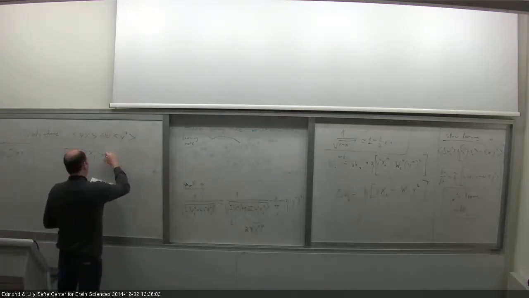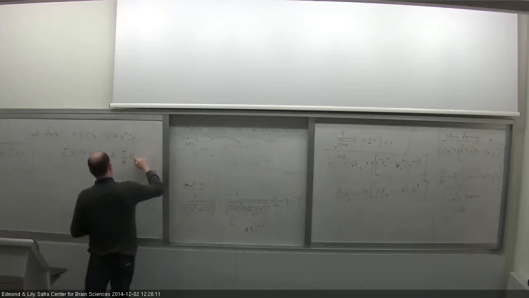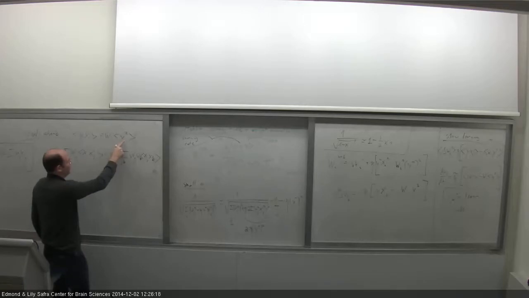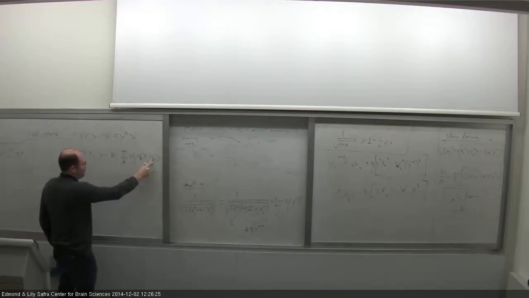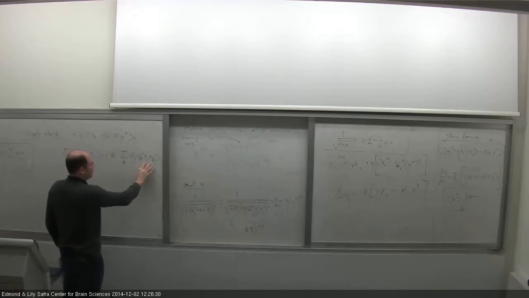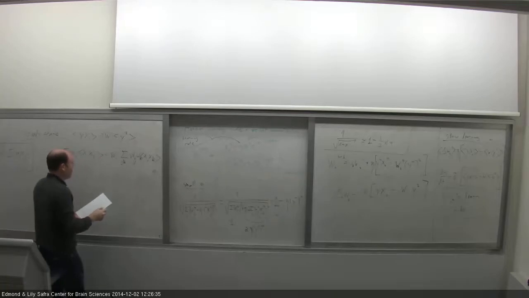And this should be equal to wi times the sum over j and k of wj, wk, xj, xk. What I've done here is that I wrote y as the sum over j of wj xj, and the other y as the sum over k of wk xk, and I just wrote this product, and I put the average only on the x's. Okay, what is this?